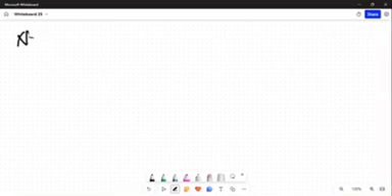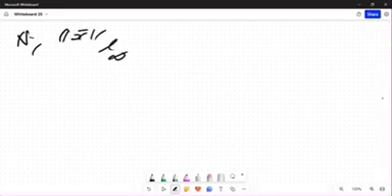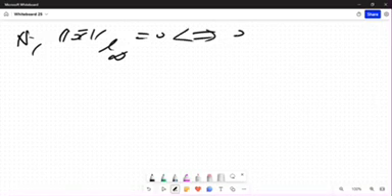Okay, so I proceed as follows. To show that N1 is satisfied, you have to show that the norm of x bar in L infinity is equal to 0 if and only if you are dealing with a zero vector. That's exactly what N1 is all about.